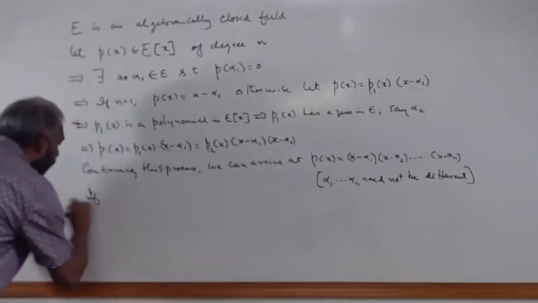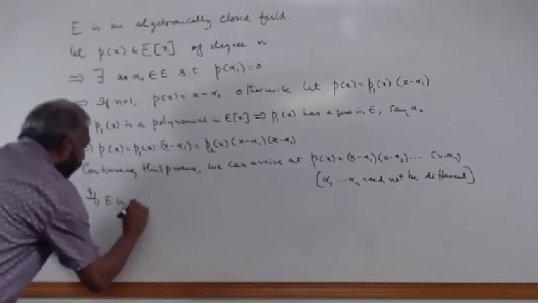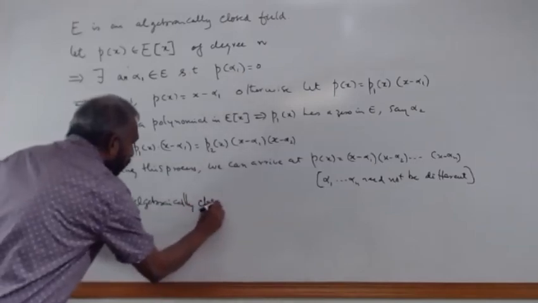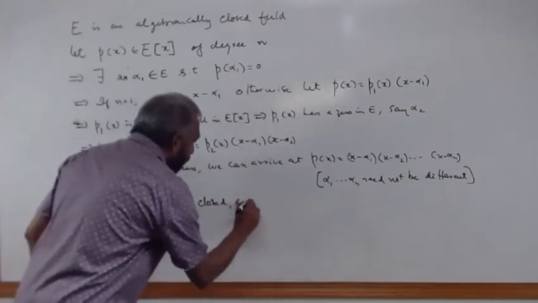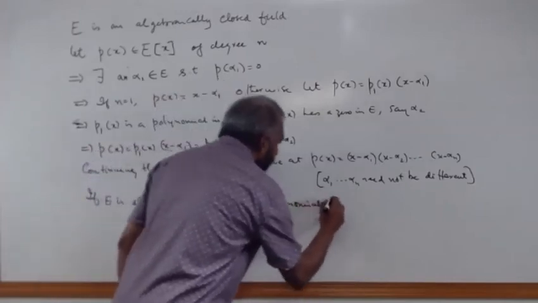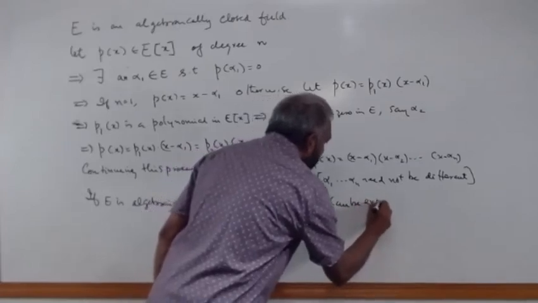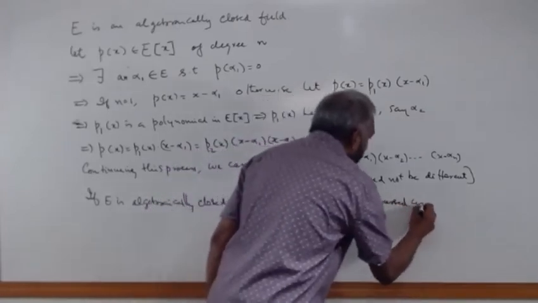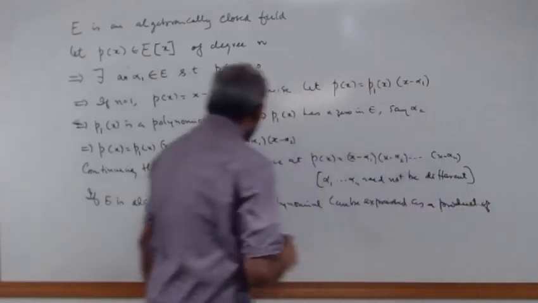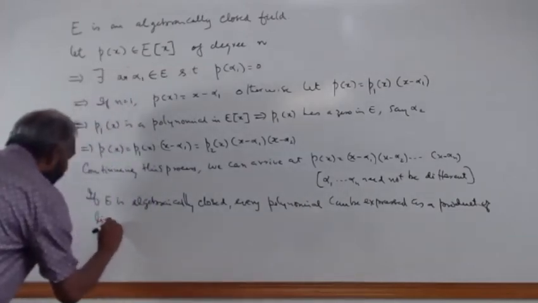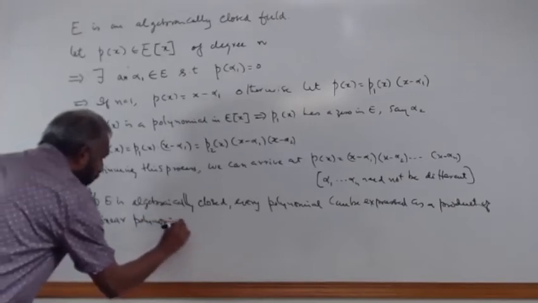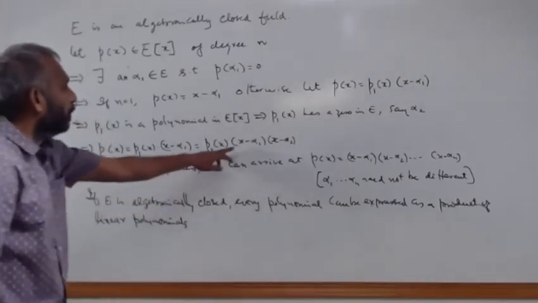So if E is algebraically closed, every polynomial can be expressed as a product of linear factors, linear polynomials. Linear polynomials means a polynomial with degree 1.